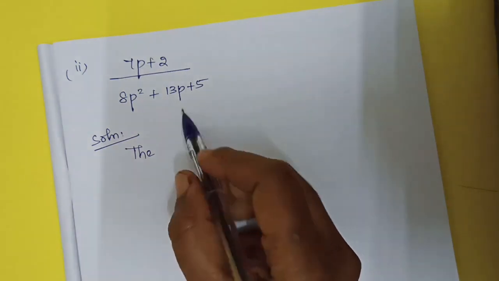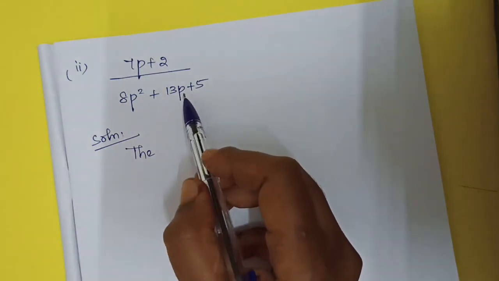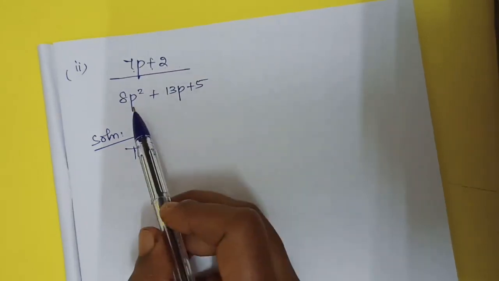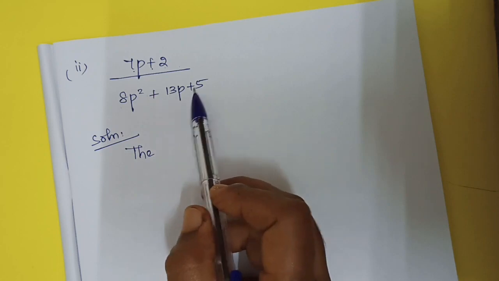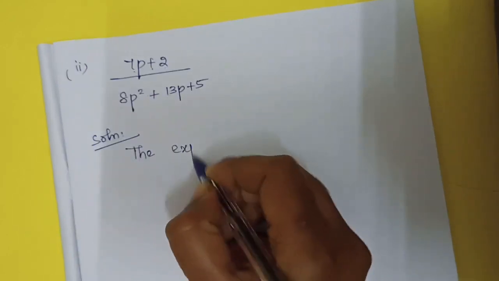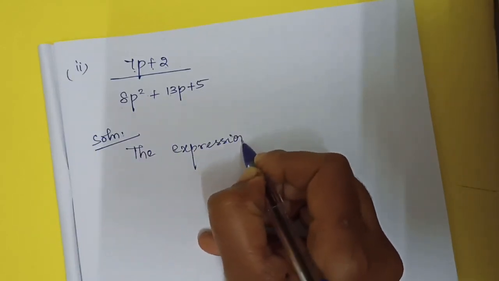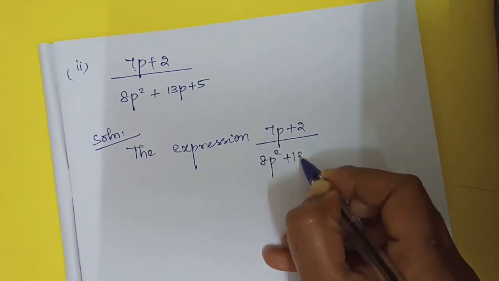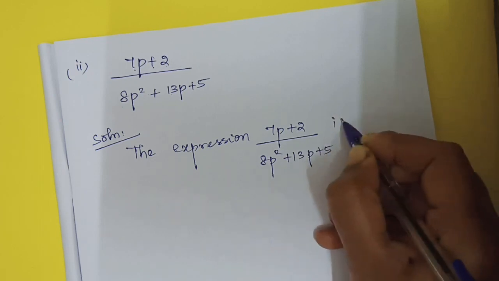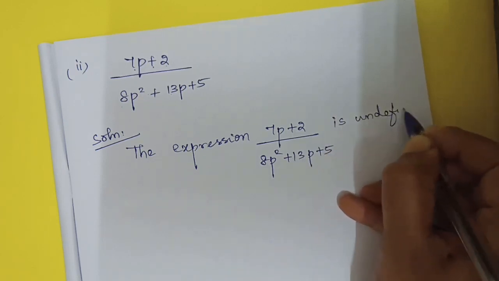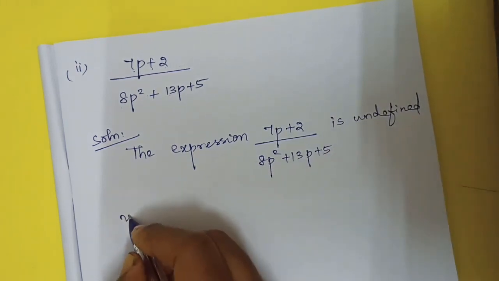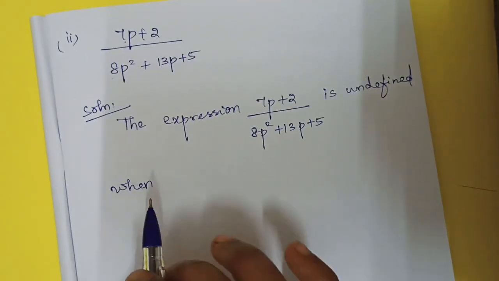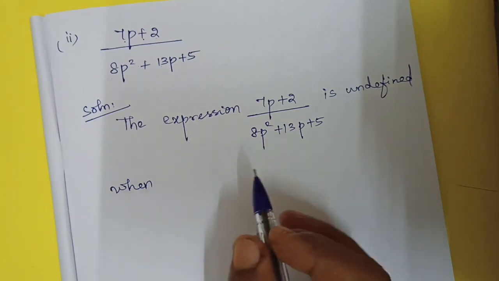See the second question. We are going to find the excluded value for this expression. So (7p plus 2) divided by (8p square plus 13p plus 5). So the expression is undefined when it will be undefined. If the denominator is 0, then it will be undefined.